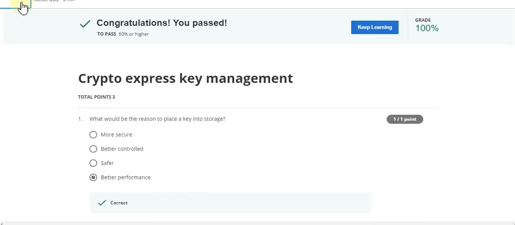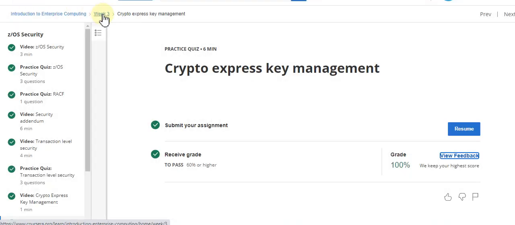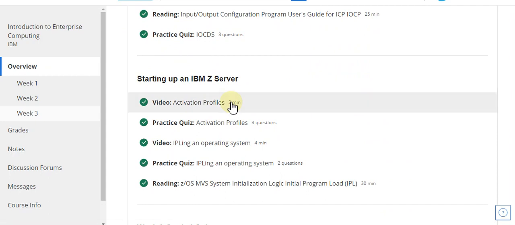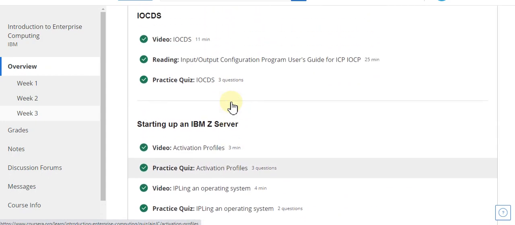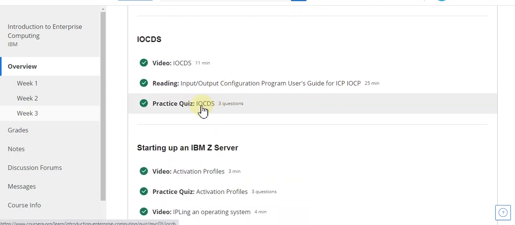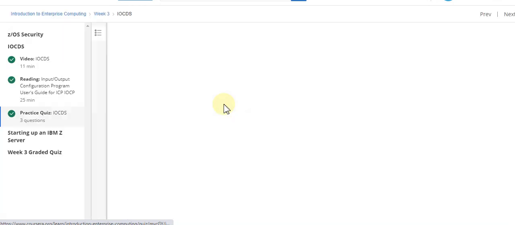This is the last practice quiz. Now go to the final assignment of week 3. In this also there is a practice quiz. Now go to the fourth practice quiz, IOCDS.